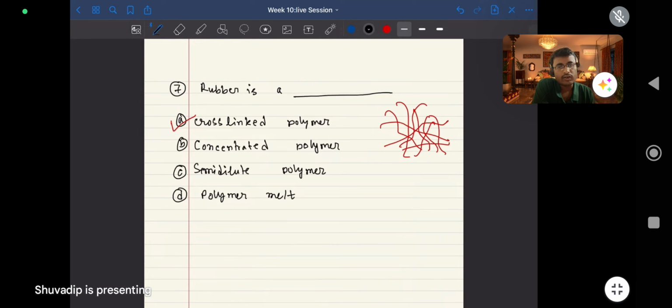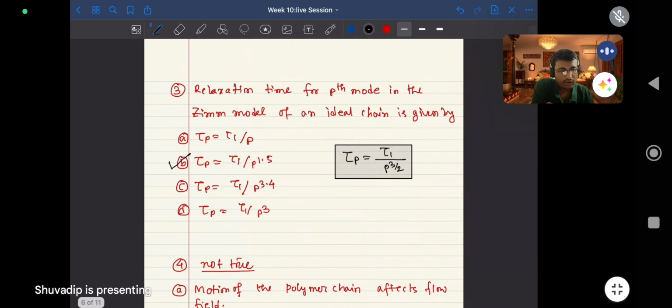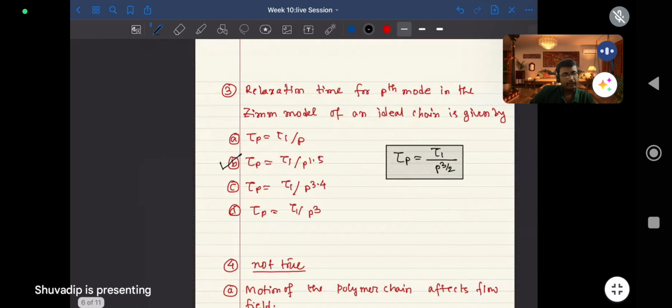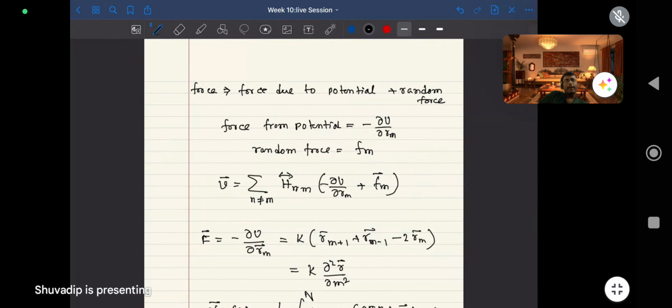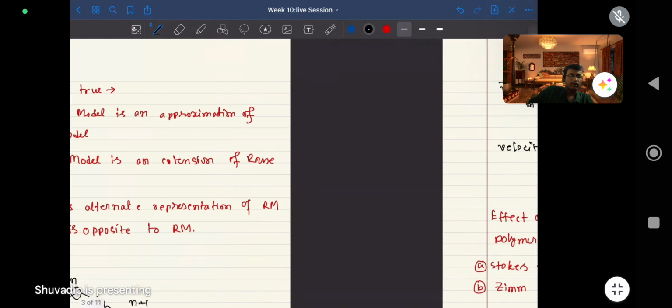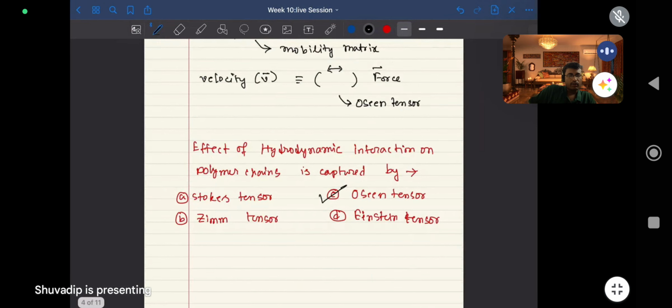Okay, so we have discussed some problems from Rouse's model and some extension of Rouse's model and Zimm model, and some idea of how to calculate the mobility matrix or Gaussian tensor, and how we can extend this idea of taking into account all the force generated by all the polymer molecules, basically the hydrodynamic interaction, and how we can write down the whole equation of motion and how things change in that scenario.